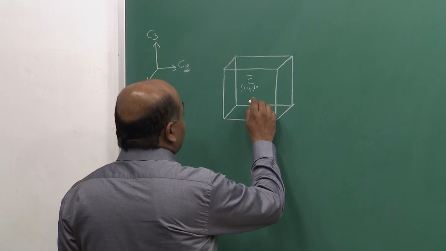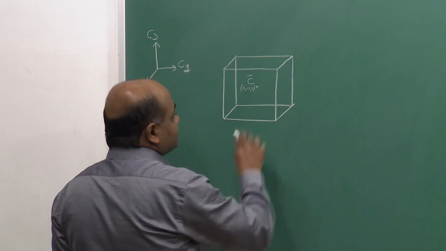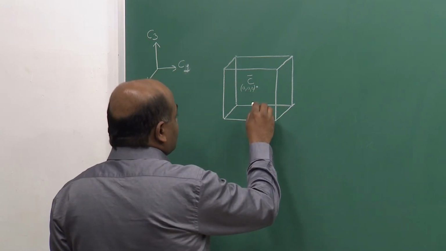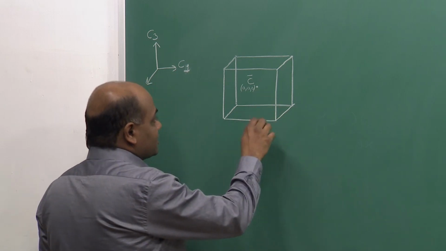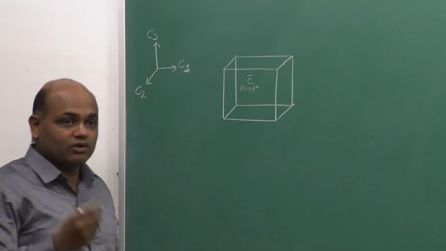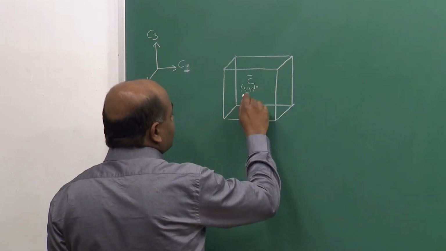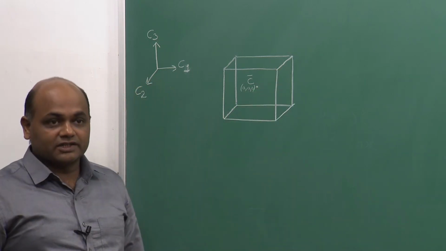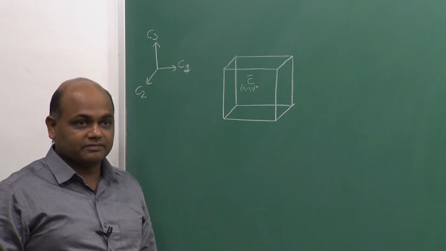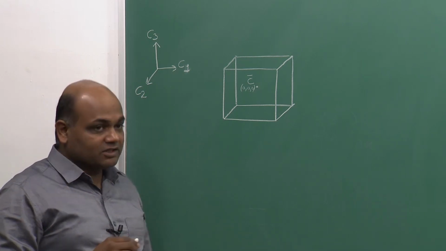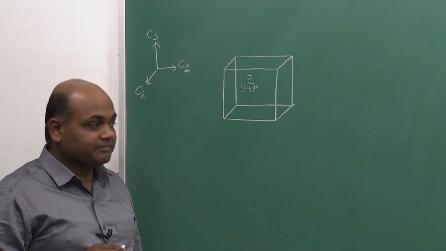So, for example, in quaternary there is a cube here. For a cube there are 4 body diagonals, and so we can form 4 such sets of diffusion couples. Now, what is the special feature of the body diagonal couples?